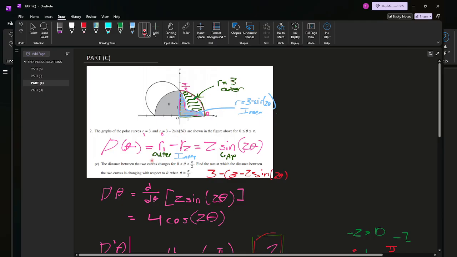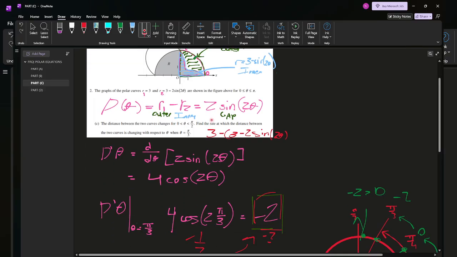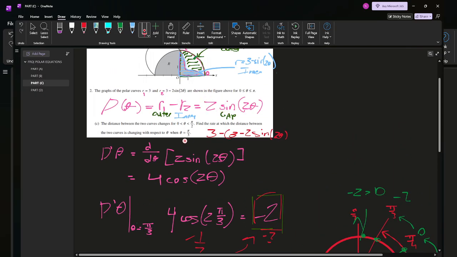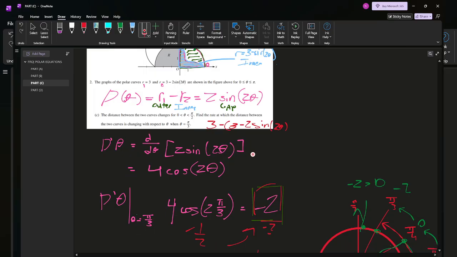Your outer function is r equals 3, and your inner function is 3 minus 2 sine 2 theta. We do that to find the gap.